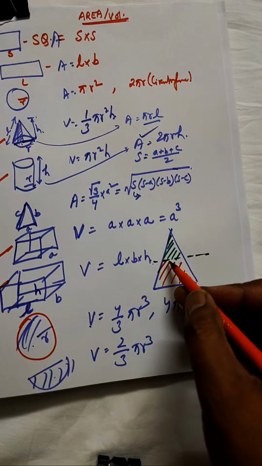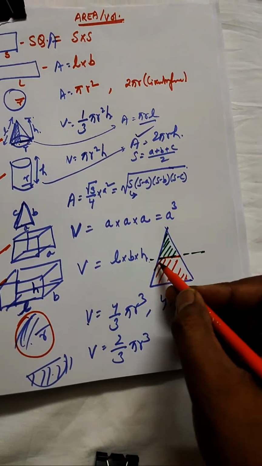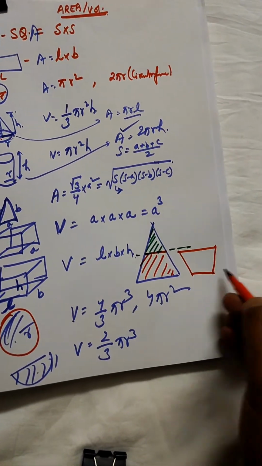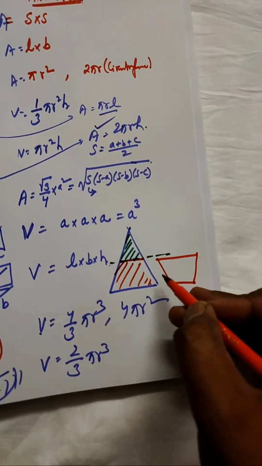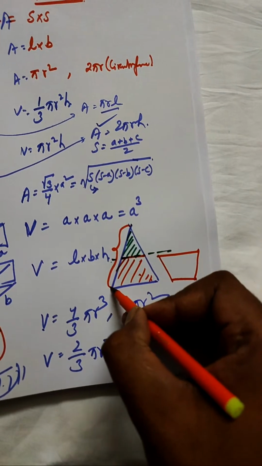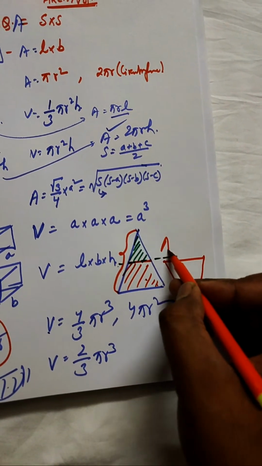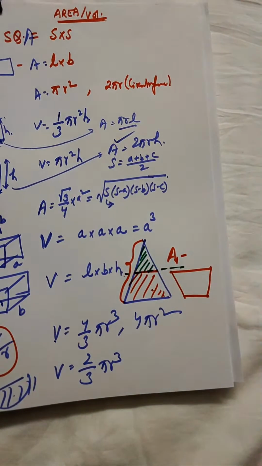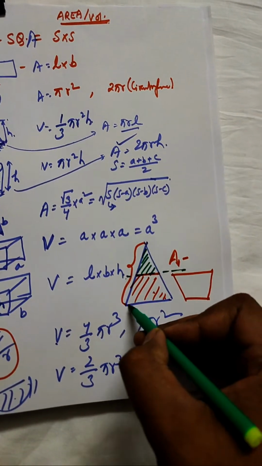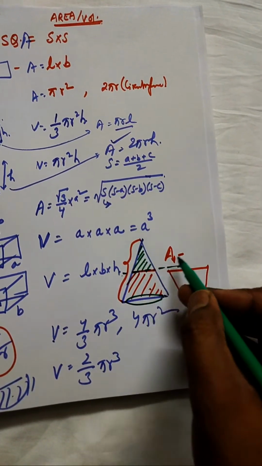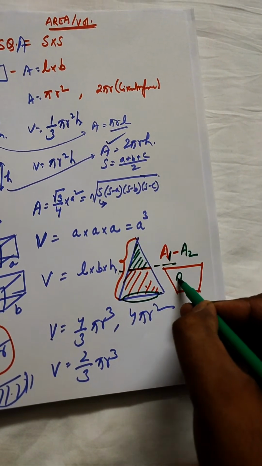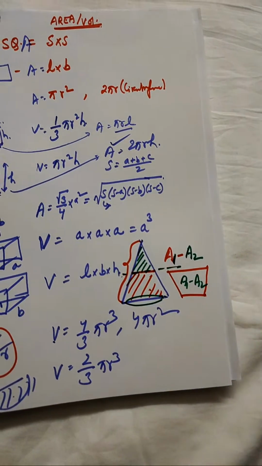If you can see the bucket, just reverse it, you will always find the bucket like this, right? So this is calculated by calculating the volume of the entire bigger cone, A1, minus the volume of the smaller cone, that is A2. Then this will be A1 minus A2, right?